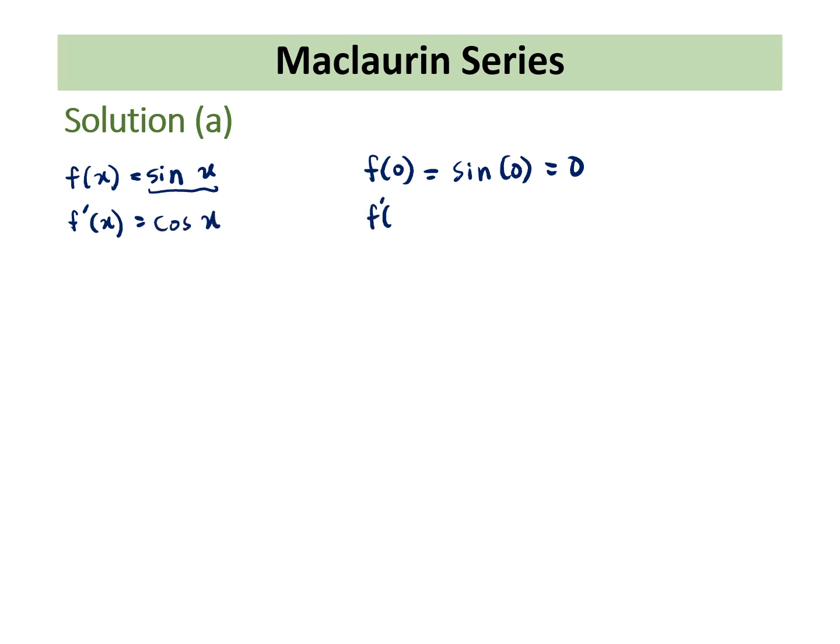And then the first derivative at 0, substituting x equals 0 into the first derivative, we have cos 0, which is equal to 1. The next step is to find the second derivative and substitute x equals 0.